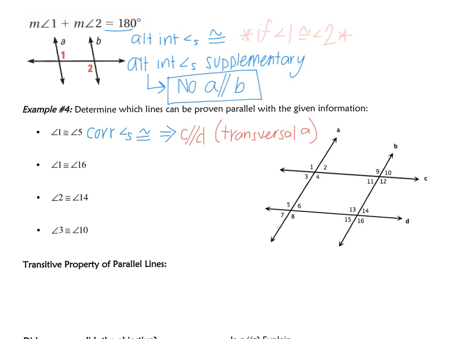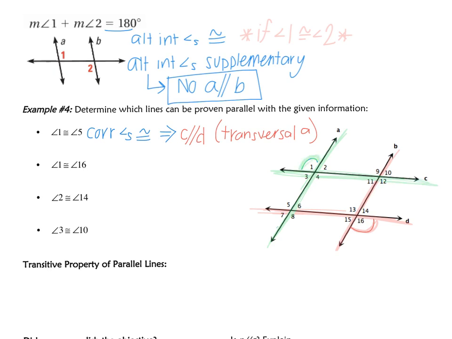So angle 1, I'm told, is congruent to angle 16. Looking at these two, what you need to notice is the lines that they're created by. If I look at angle 16, it's created by line B and D. If I look at angle 1, line A and line C create angle 1.